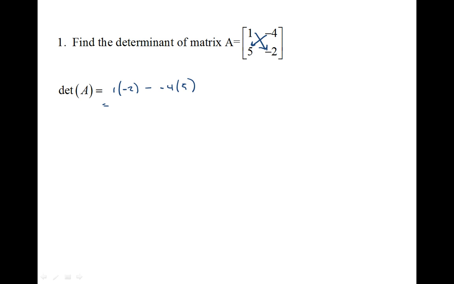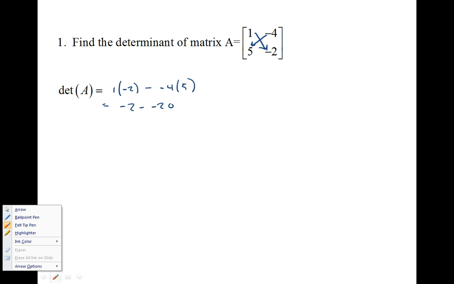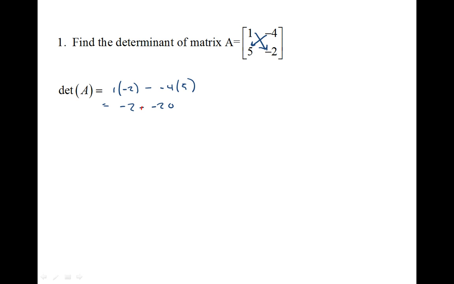So that will be equal to negative 2 minus negative 20, which equals 18. So we're just using what we learned on the previous page to find the determinant of a 2 by 2 matrix.